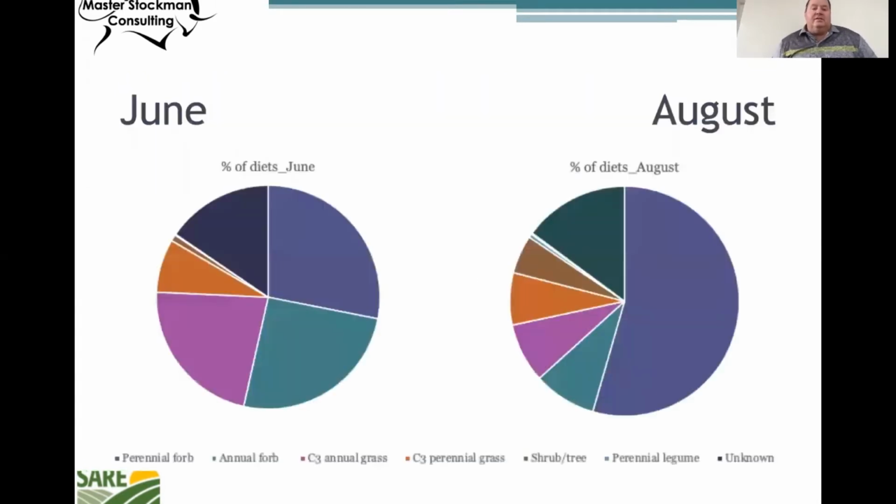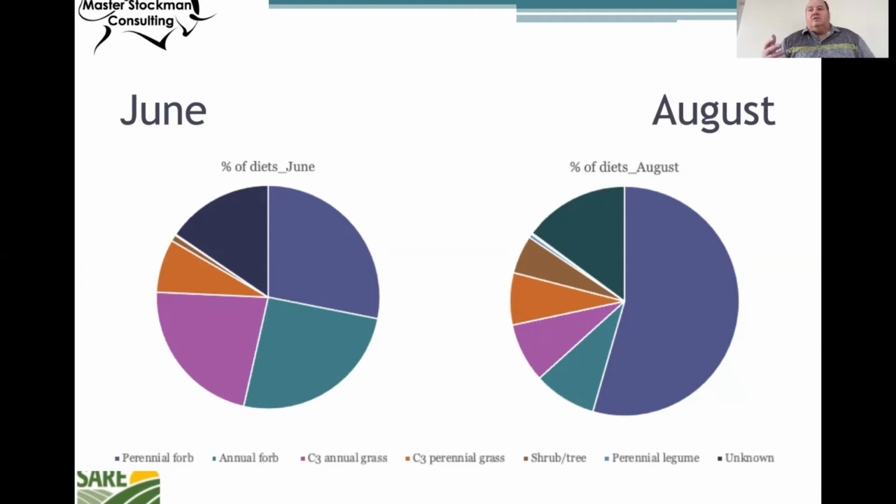When we look at this, and this is a sample we've done recently in my county, I just have 2 months here, 2 different tests, same animals, same Forest Service allotment, and you can see how from June to August, the diets of the animals changed. And you immediately start looking at this and saying, boy, there's a lot going on out there.